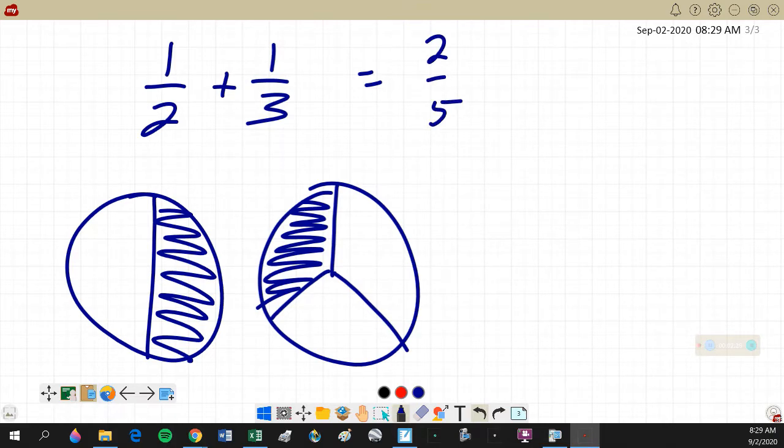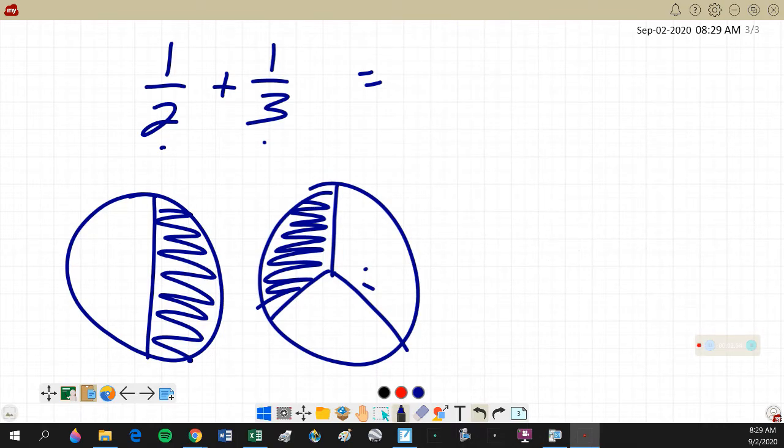Colin? What's wrong with 1/2 plus 1/3 equals 2/5? Yeah. So 2/5 is actually smaller than 1/2. So if you had half a pizza and a third of a pizza, is there any way you're going to end up with less than a half a pizza? No. That's true.